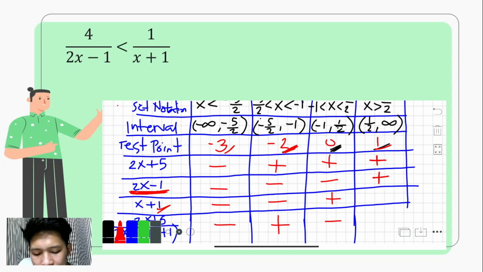And last, we have 1, so substitute kay x plus 1. So, we have 1 plus 1, that's positive 2. Hence, it's still positive. And then, the last sign would be obtained by multiplying all these 3. So, we have positive times positive, positive, and then positive times positive, positive. Hence, the last sign would be positive.